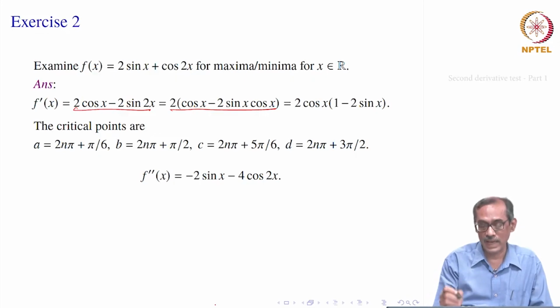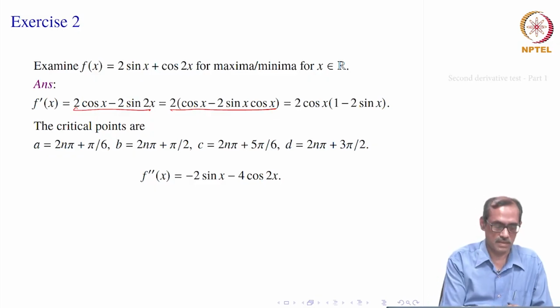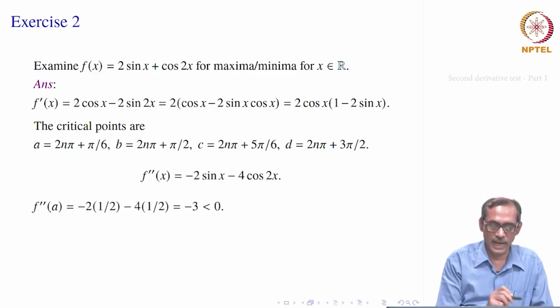Now, you must find the sign of this f double prime at the critical points. At A, which is really not a single point, there are many points, depending on n this A changes. So, at all those points f double prime A is equal to minus 2 sin of that, which gives half, and minus 4 cos 2x of that, with 2x being π/3, which again gives a half.